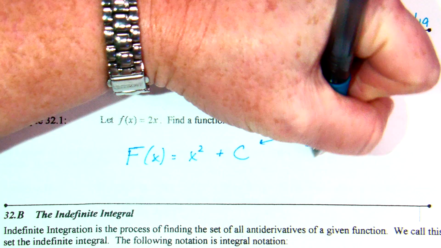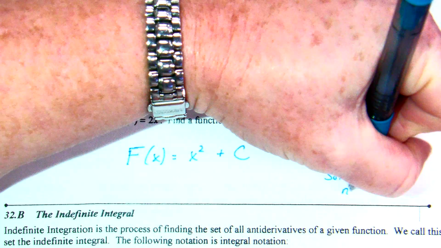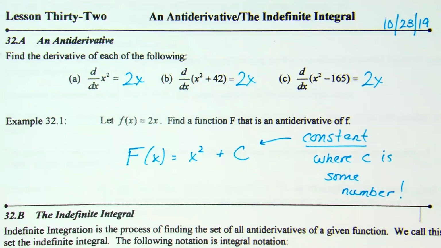So I'm going to say where C is some number. So technically, there are an unlimited amount of antiderivatives. Because we could go on naming constants all day.